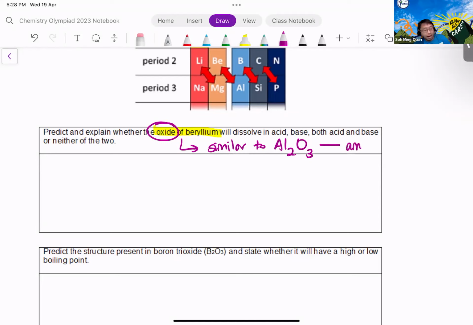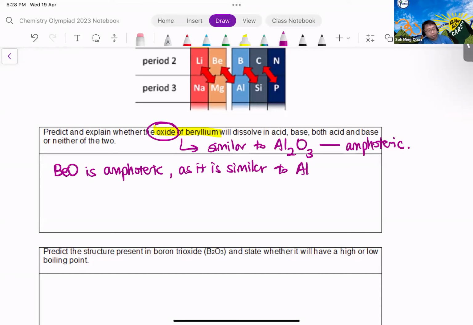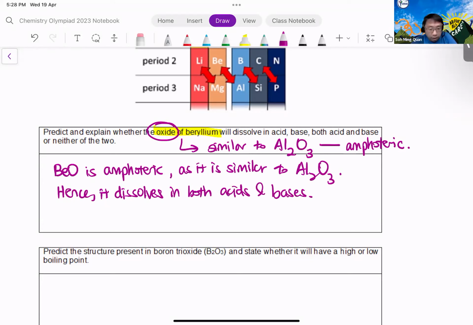Aluminium oxide is amphoteric. If you recall from the previous session, we said that amphoteric oxides can dissolve in both acids and bases. So beryllium oxide should also be amphoteric as it is similar to aluminium oxide. Hence, it dissolves in both acids and bases. All right. So this is an interesting property that you have learned.